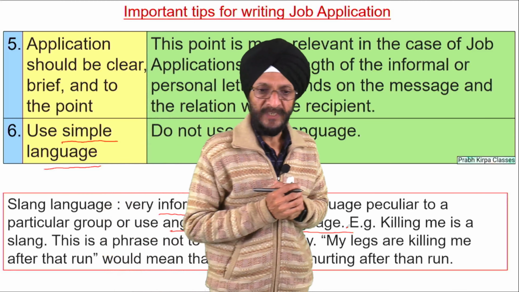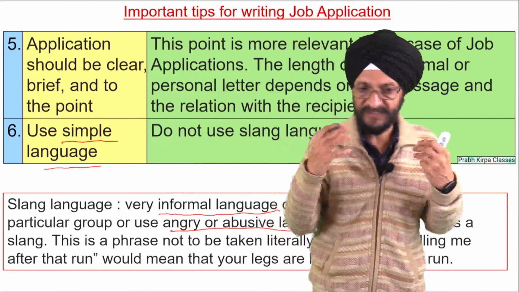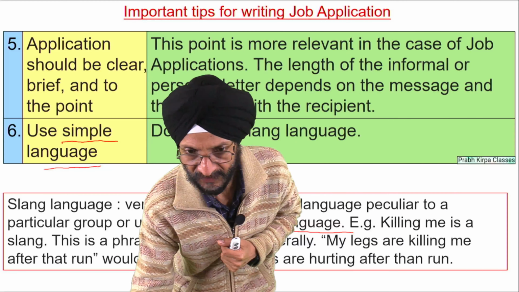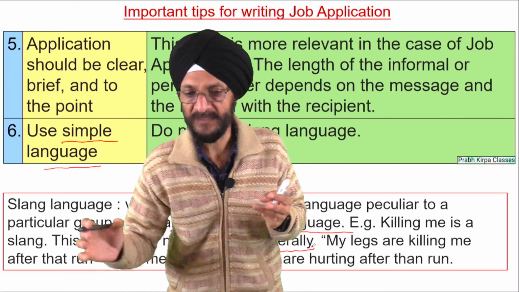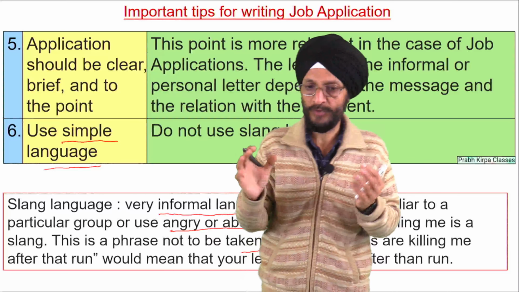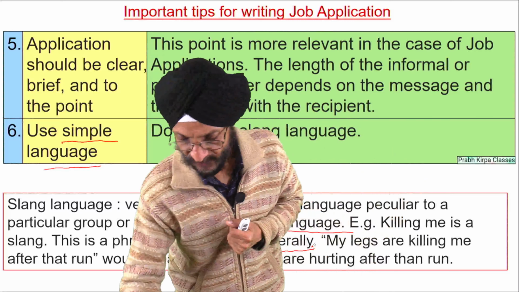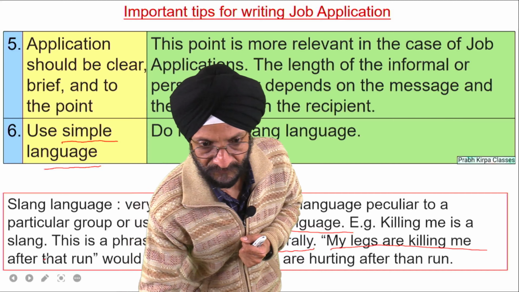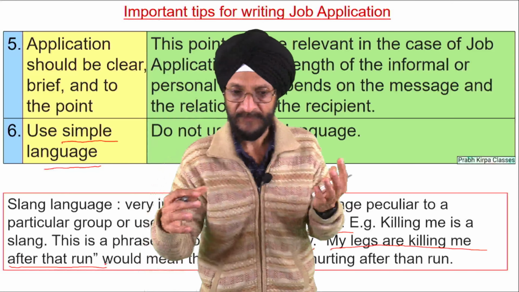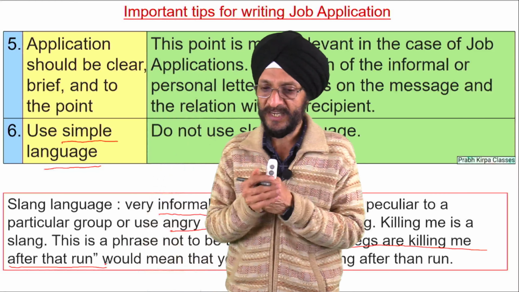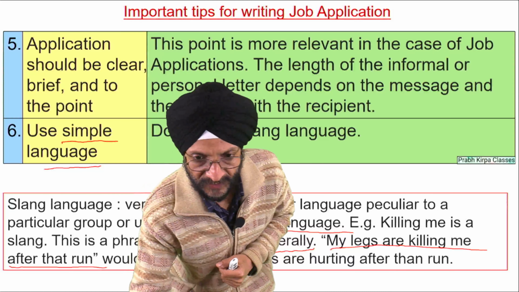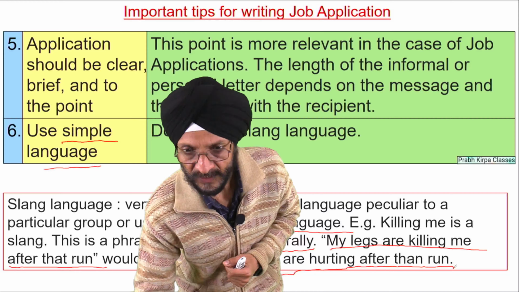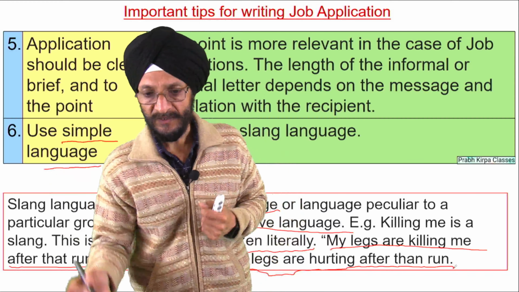For example, "killing me" is a slang. This is a phrase and not to be taken literally. Literally means in the exact sense of words. We should not take it that way. "My legs are killing me after that run." This is a slang. In this case, slang language has been used, "killing me". It means that your legs are hurting after that run.